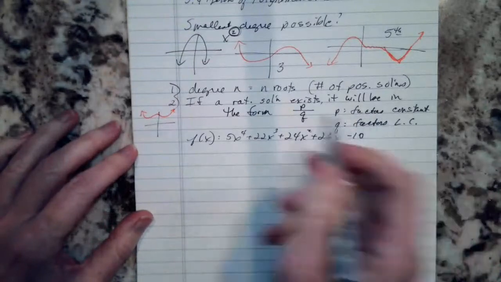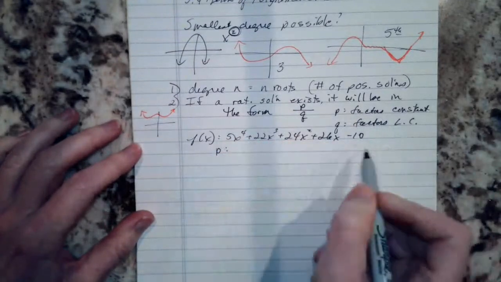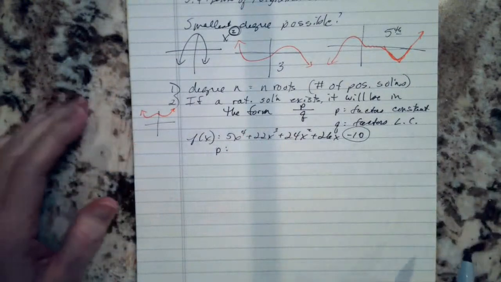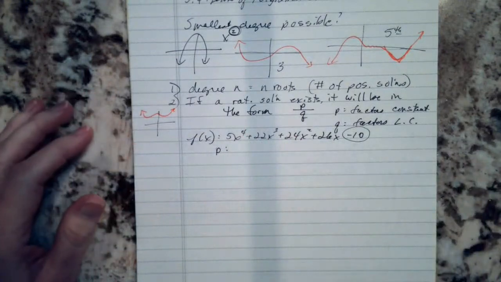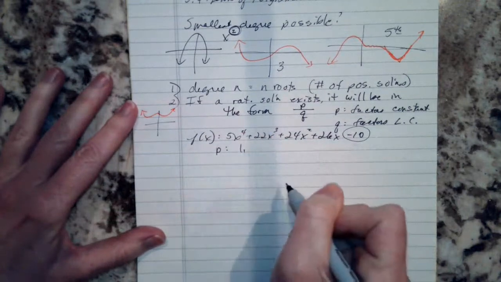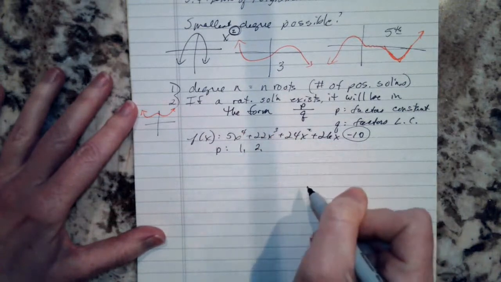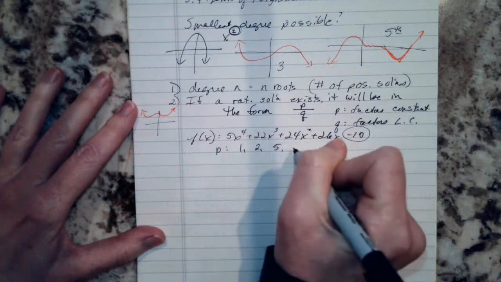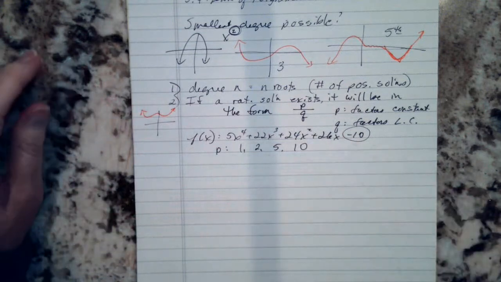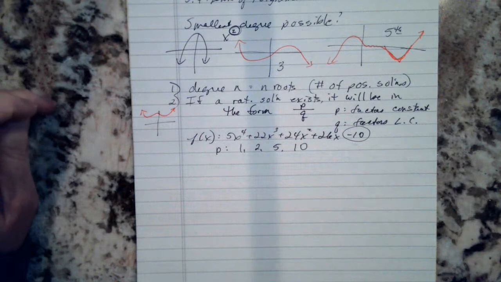P is the factors of the constant. So P will be the factors of this number back here, 10. We don't have to worry about the fact that it is negative. So what are the factors of 10? 1 will go into 10, 2 will go into 10, 5 will go into 10, and 10 will go into 10. We're done. Those are the factors of 10.